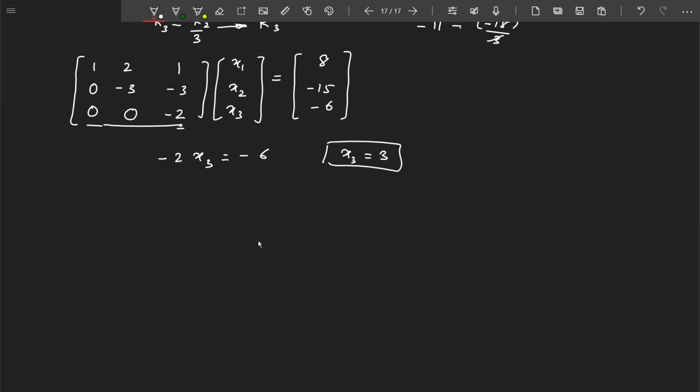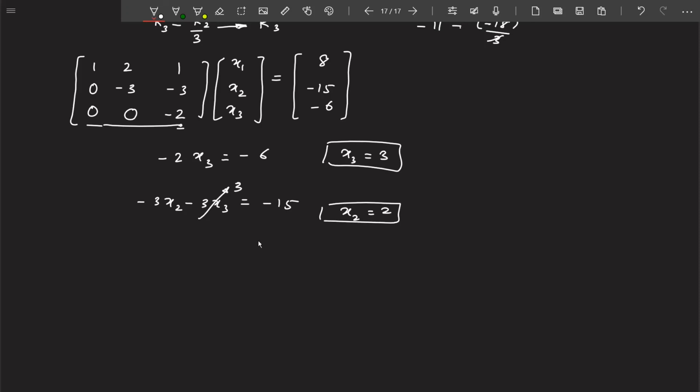Now again this multiplied by this is going to be 0 into x1 minus 3 into x2, 3 into x3 is equal to minus 15. Once you substitute this x3 in this equation, you'll find out the value of x2 that we are getting is 2.